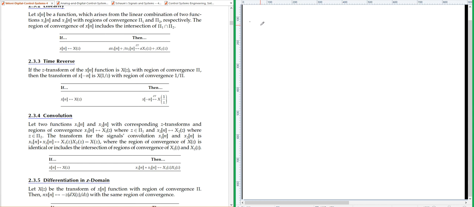So for the time reverse property, your n value becomes negative, or it performs folding. Example number 4: x[n] is equal to u[n]. We know that the z transform here is X(z) = z over z minus 1.